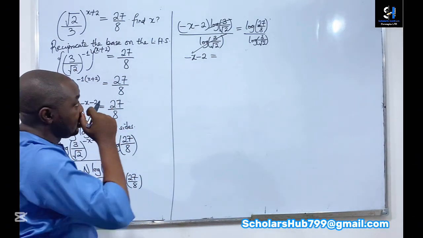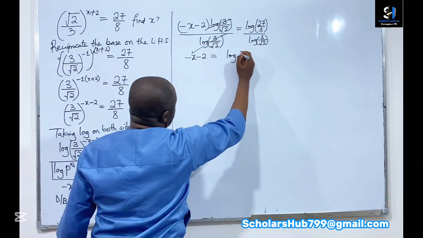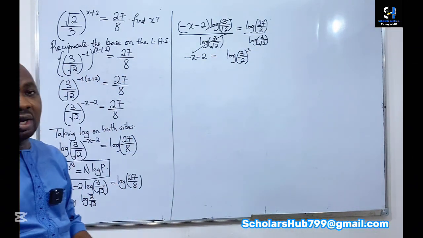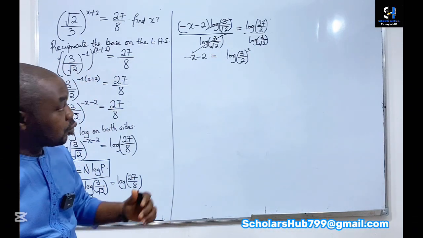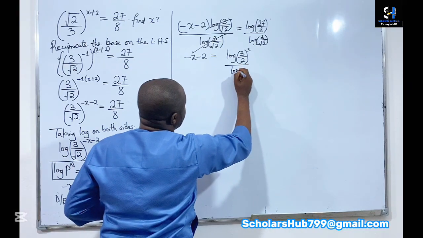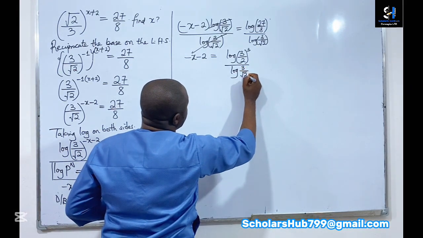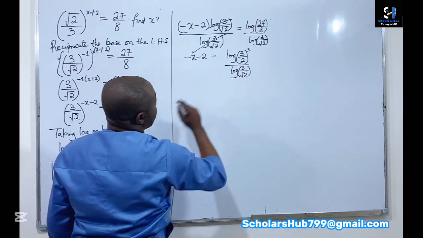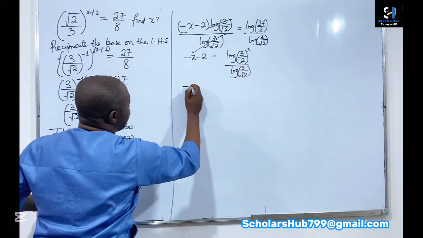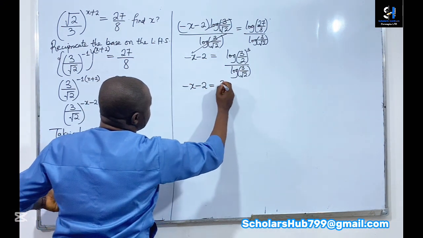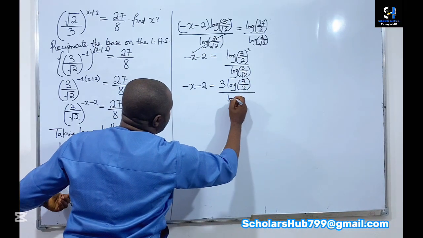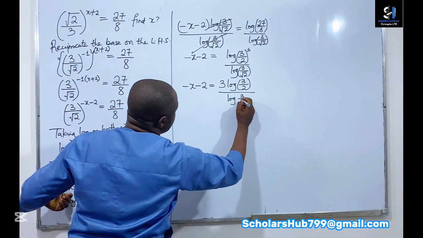Now we can write log(27/8) as log (3/2) raised to the power of 3, because 27 is 3 cubed and 8 is 2 cubed. Applying the property, we have -x-2 equals 3 log(3/2) over log(3/√2).